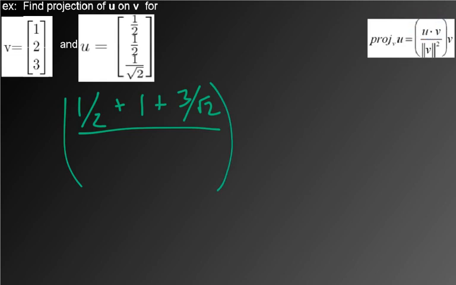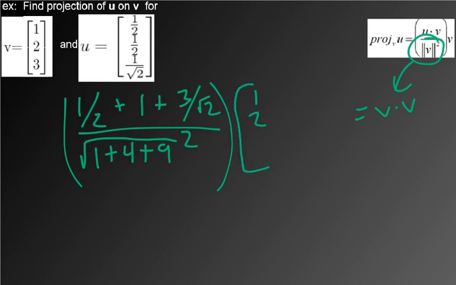And then the magnitude of v would be, I was looking at u for a second, 1 plus 4 plus 9, right? You just square each part, and then you square root, and then you square. Remember, whenever you square a magnitude, it's equal to v dot v. And all of this is going to be just the scalar on that vector.